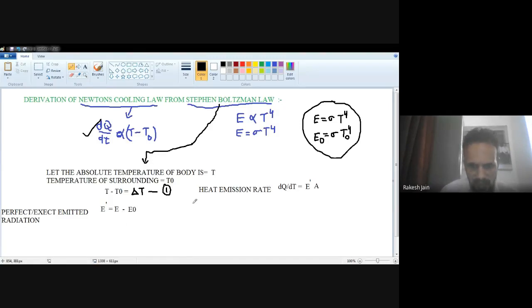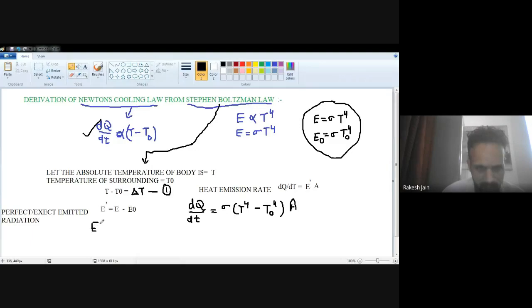So we can say that this heat emission rate, dq upon dt, is equal to A E dash, that is E minus E0. So sigma is common, T raised to the power 4 minus T0 raised to the power 4, multiplied by A. Once again, I am showing you how it happens.